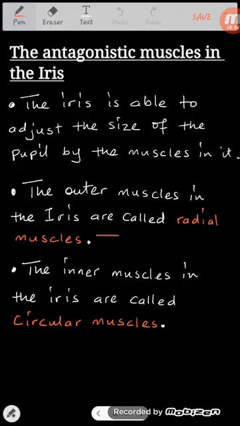When you combine the radial muscles with the saccular muscles, what you have is a pair of muscles that we call the antagonistic muscles. So antagonistic muscles are pairs of muscles. In the iris, these pairs of muscles are the radial muscles and the saccular muscles.